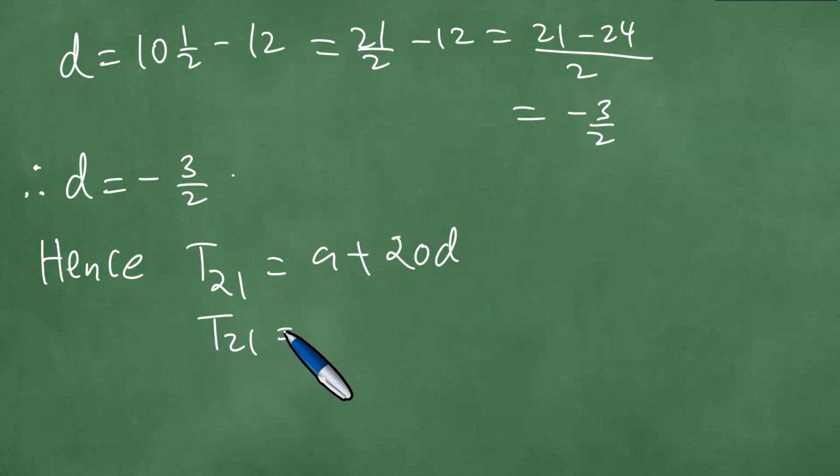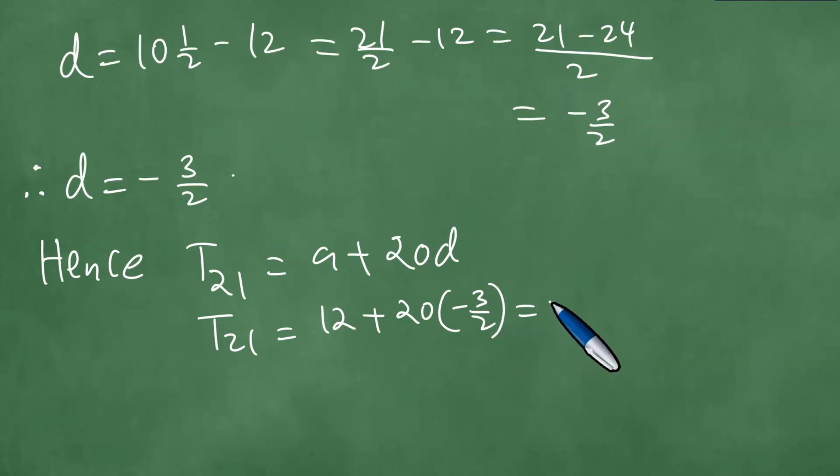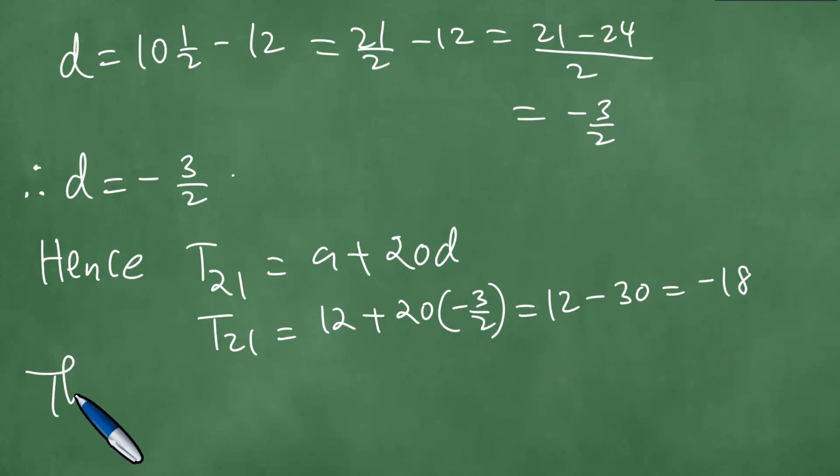And then we have here a, the first term, is 12, and d is minus 3 over 2. 20 times minus 3 over 2 is minus 30, and 12 minus 30 is minus 18. So what is the 21st term? Thus, T21 equals minus 18.